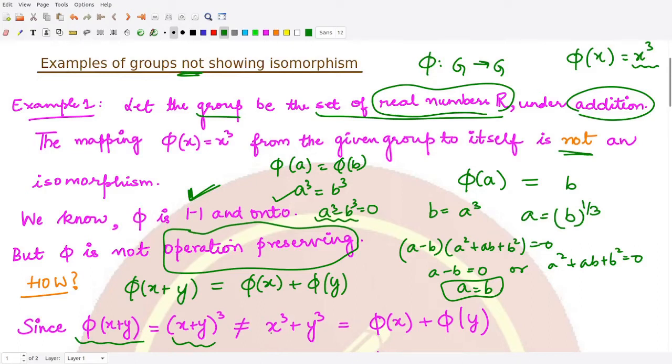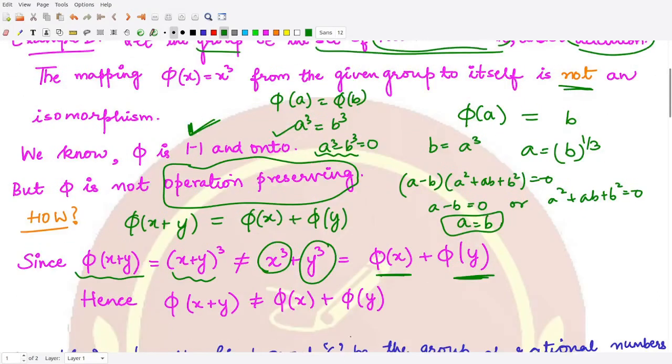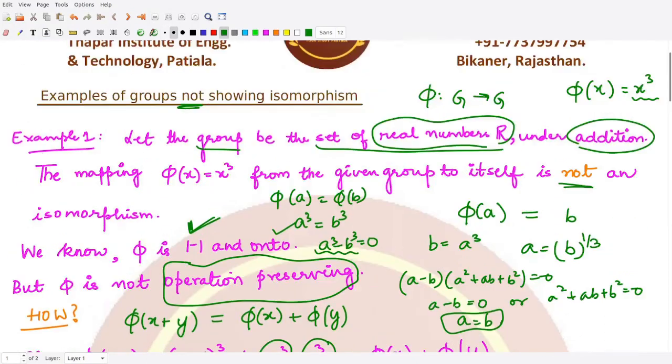So x cube was basically phi of x, and y cube was phi of y. So that means here we do not have phi of x plus y equal to phi of x plus phi of y. Therefore in this case we do not have an isomorphism from the group of real numbers under addition to the same group where the mapping is x cube, right?